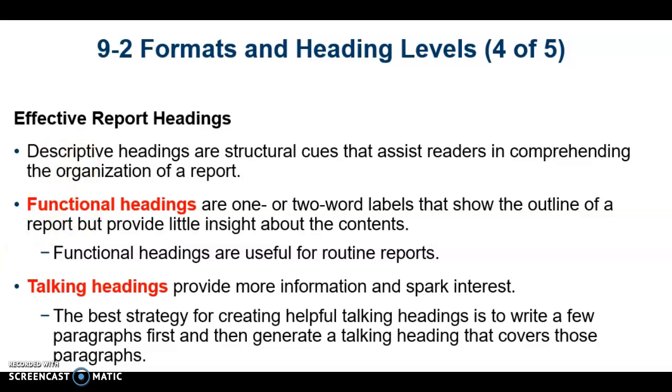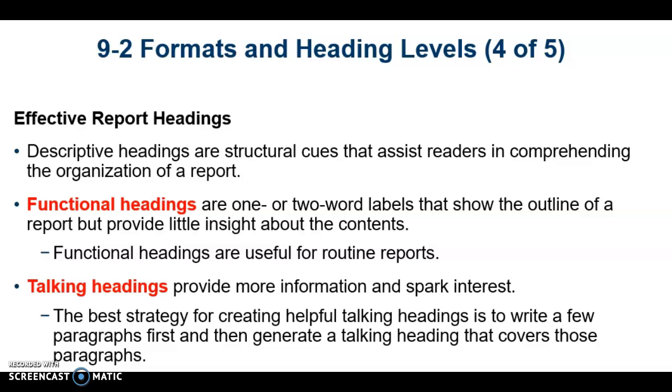All right, now let's look at effective report headings. There are functional headings. These are 1 or 2 word labels that show the outline of a report, but they don't really provide insight about the contents. Talking headings provide more information and they spark interest.